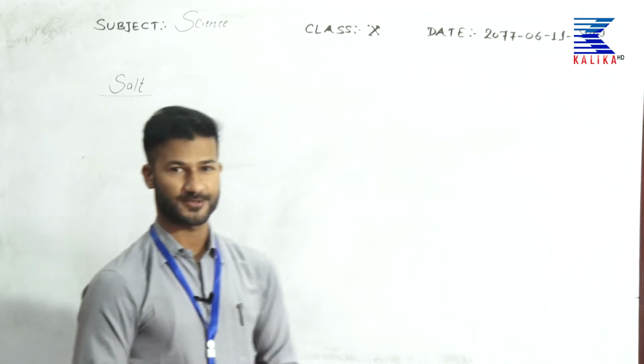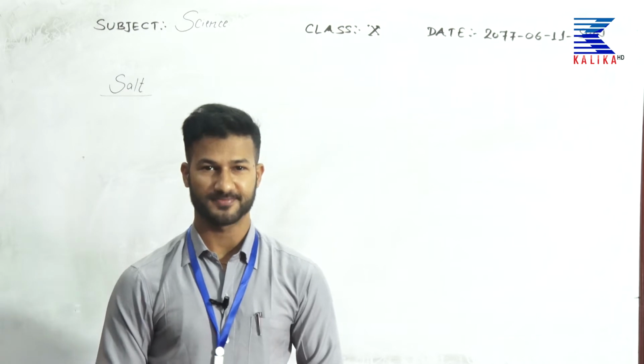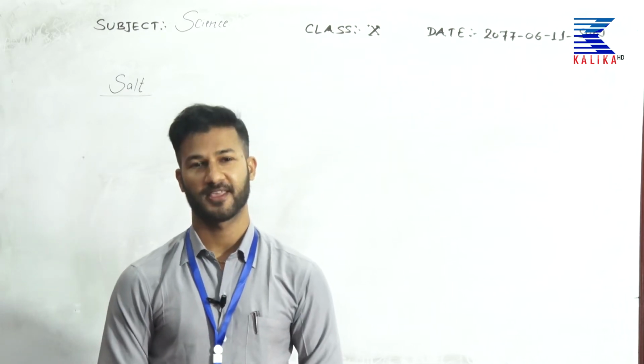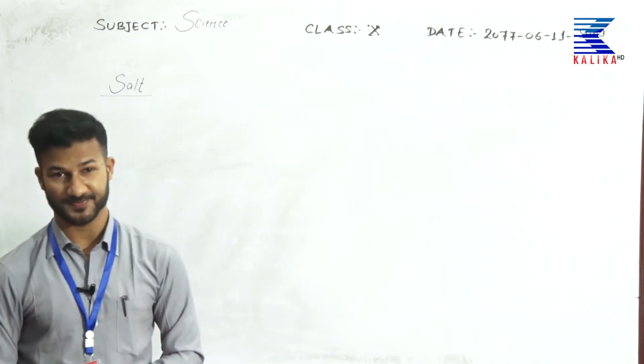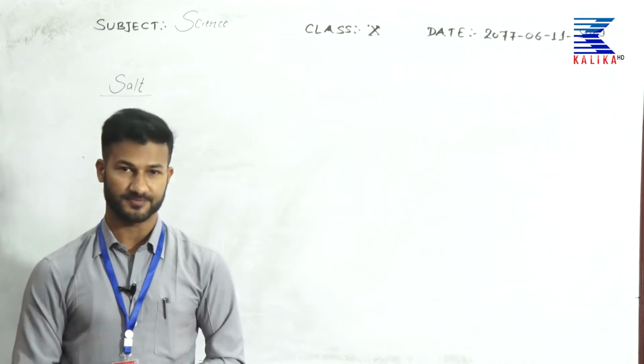Topic from acid, base and salt, and it is salt today. What is salt? Salt is also a compound that is mostly neutral in nature, meaning whenever indicators are treated with salt, they do not show any kind of change in their color.